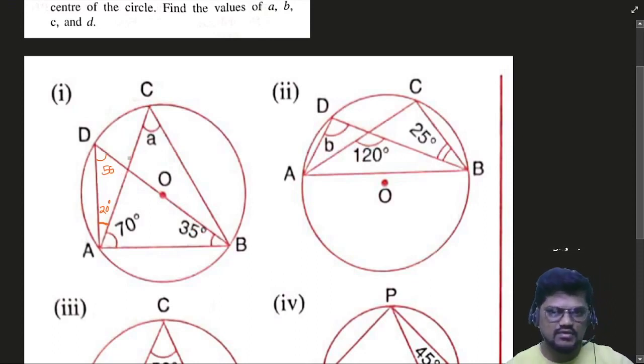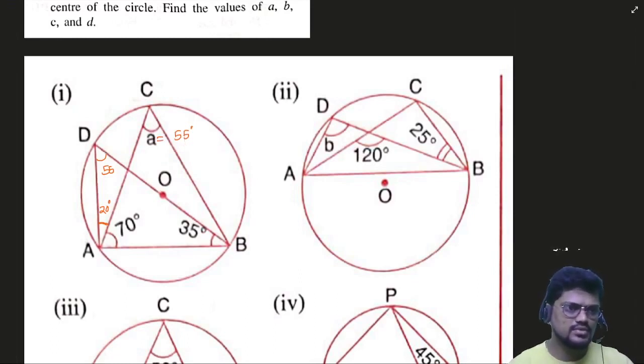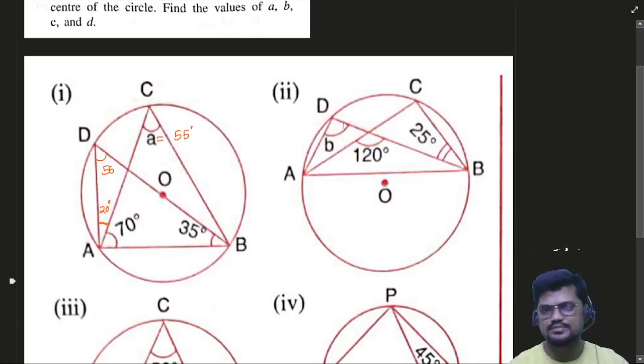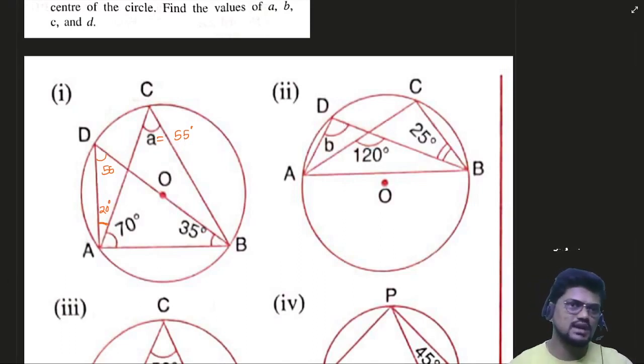And this angle will be equal to this angle. Why? Because they both are inscribed in the same segment. They are in the same segment, no? So angle A will also be 55. Understood, everyone? How many of you have understood? You can raise your hand, you can nod your face, anything is fine. Okay, got it. Next, please try to solve what is angle B.